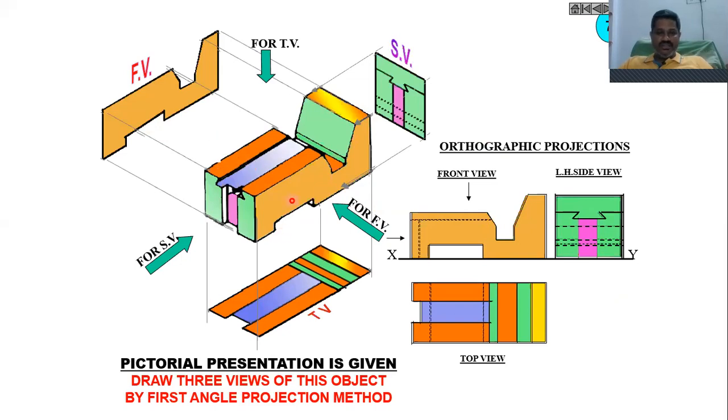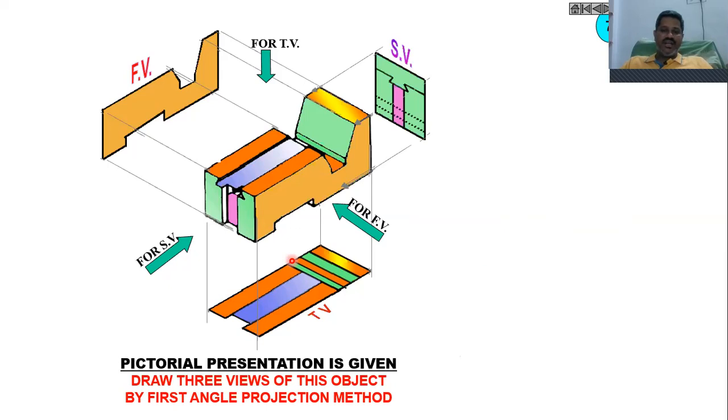Carefully we need to draw this with the given dimensions, because this component has a number of depressions and a number of slots, so we must be very, very careful while drawing the component. Where we get the dotted lines and where we get the thick lines, we need to be very, very careful about it.